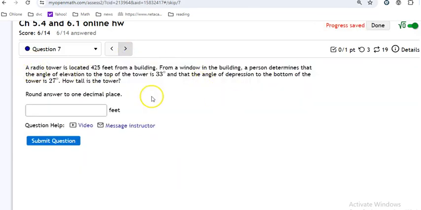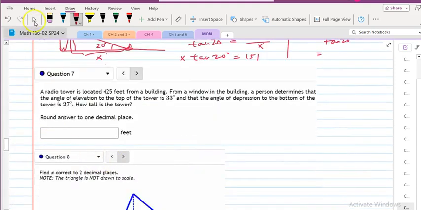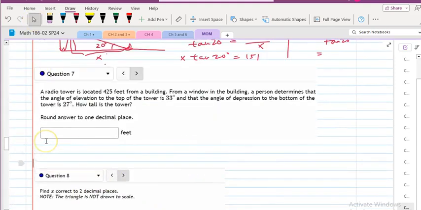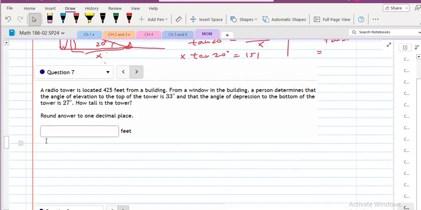7. A radio tower is located 428 feet from a building. So there is a building. So this is the radio tower. And here's the building.